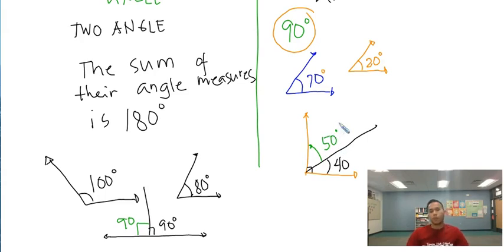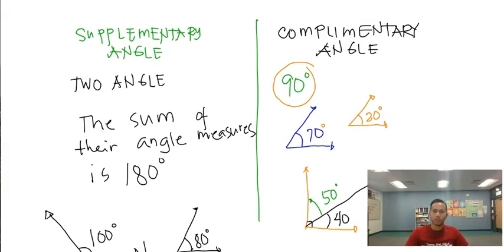That is the difference between supplementary and complementary. When we say supplementary, the sum of the angle measures is 180 degrees, while for complementary, the sum of the angle measures is 90 degrees.